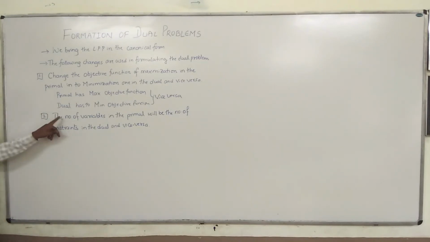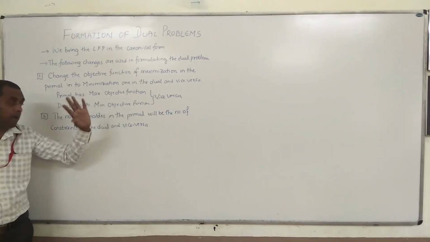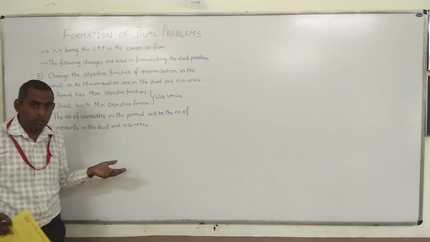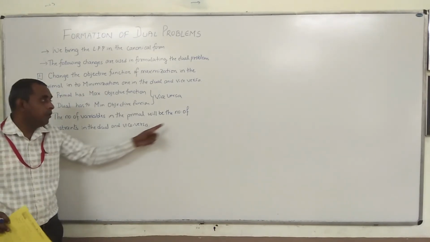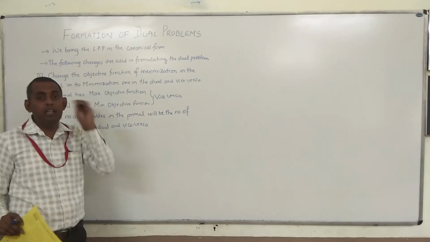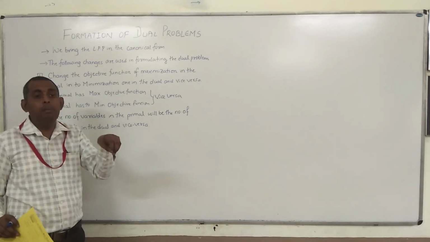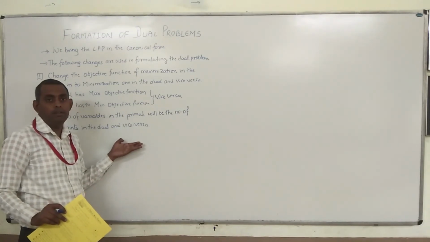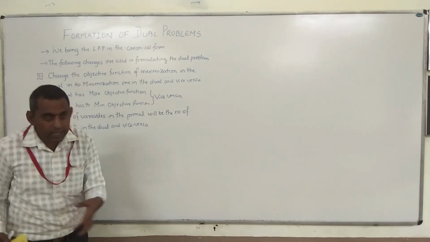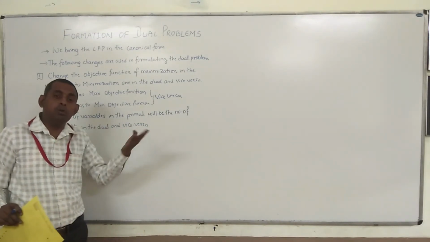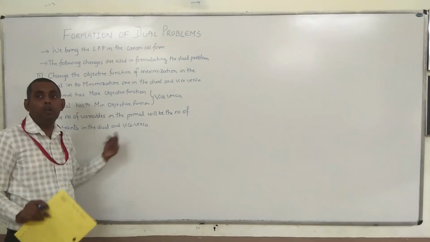What happens here? The number of variables in the primal LPP will become the number of constraints in the dual LPP. If I were to say it in Kannada, the variables in the primal LPP become constraints here in the dual.